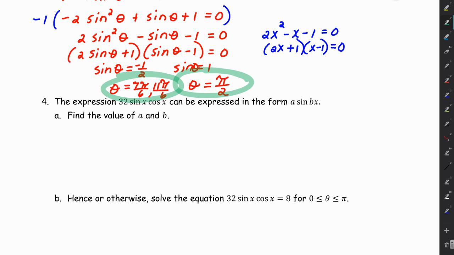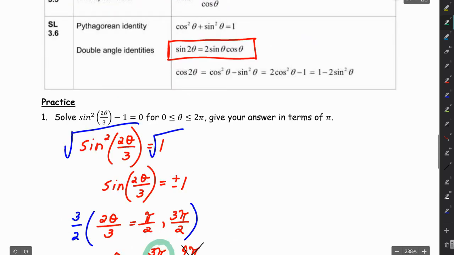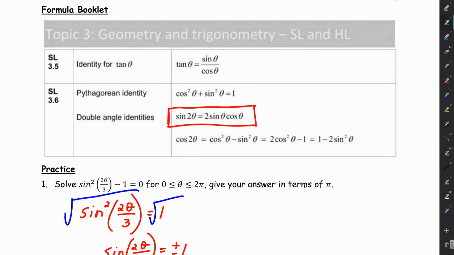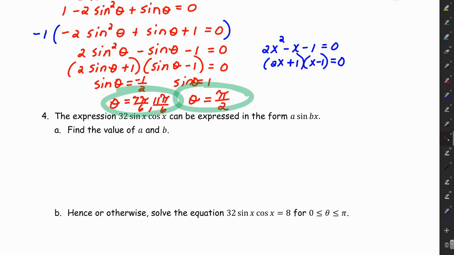If we go back and look at those, we want one that has sine x and cosine x right next to each other. This is the one. So we know that the sine of 2x equals 2 sine x cosine x.